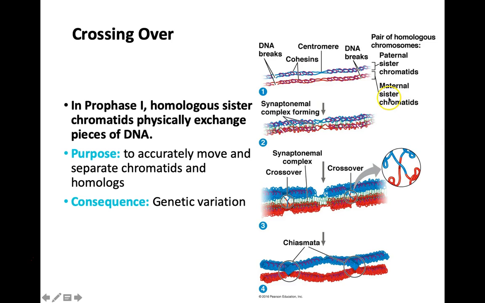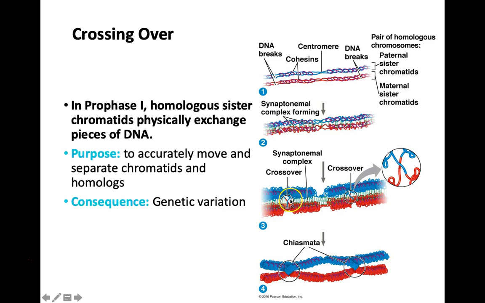So if you look at this picture here, remember I said we have these proteins called cohesins that hold those sister chromatids together. We talked about that in the mitosis video. Hold them together. You can almost see the zipper-like protein there.